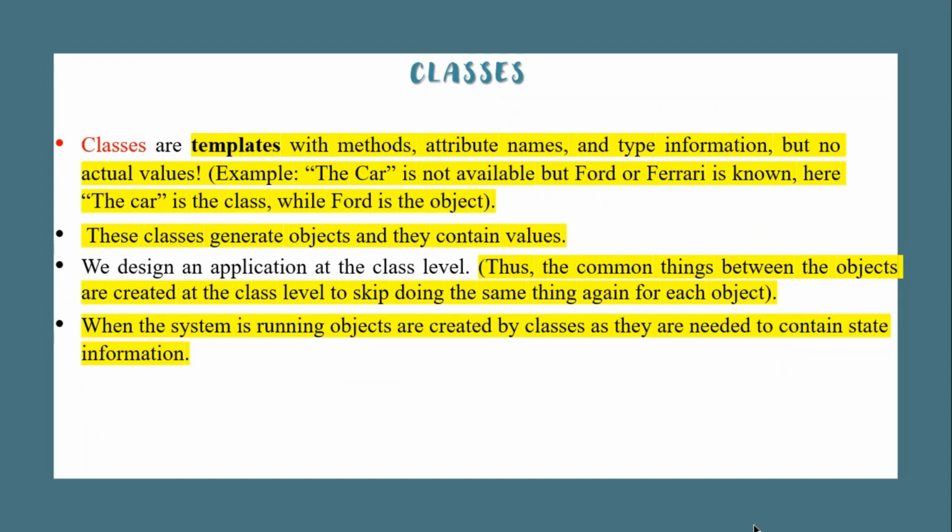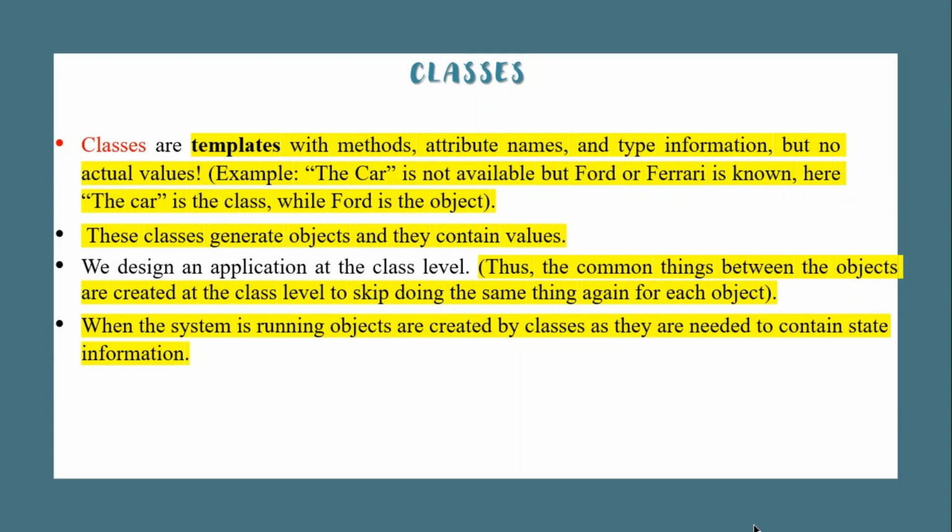Classes basically group all the objects that have the same attributes or the same methods. So instead of writing the code for every object, I can group all of them under one class, and of course this class will not have actual values or actual implementation for the methods. Each object will have its own values.